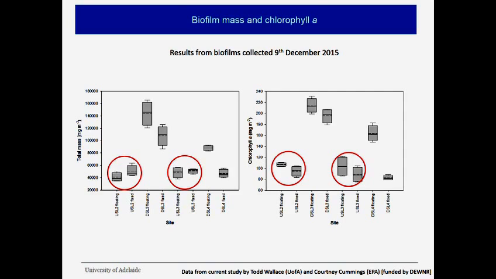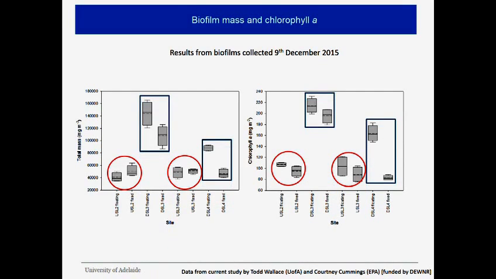That suggests that the weir pool manipulation has altered the amount of mass that's accumulating in the biofilms. And the same with the chlorophyll. There is some difference in chlorophyll between the fixed and floating frame at that main treatment site. What does come out of the data, though, is that there are much, much bigger differences in mass and chlorophyll at the sites that are downstream of the weirs.